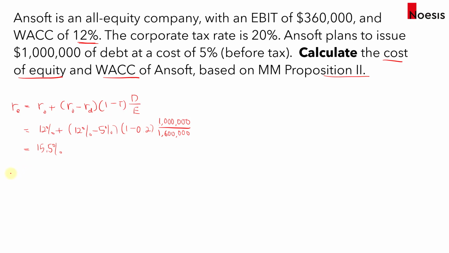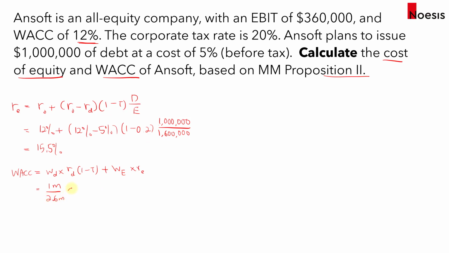For WACC, this will be the weightage of debt times the cost of debt after tax, plus the weightage of equity times the cost of equity. The weightage of debt here will be 1 million over the total value of the company, which is 1 million plus 1.6 million, 2.6 million.